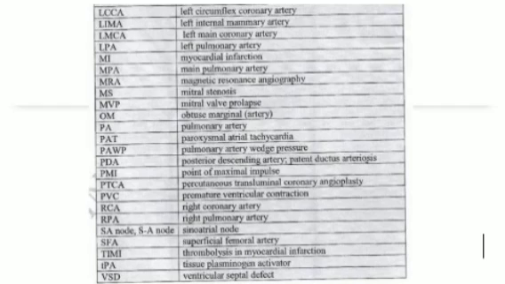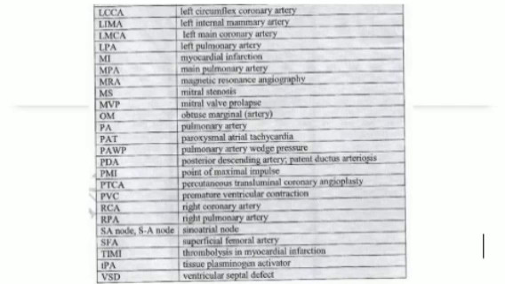MVP, mitral valve prolapse. OM, obtuse marginal artery. PA, pulmonary artery. PAT, paroxysmal atrial tachycardia. PAWP, pulmonary artery wedge pressure. PDA, posterior descending artery, patent ductus arteriosus. PMI, point of maximal impulse. PTCA, percutaneous transluminal coronary angioplasty. PVC, premature ventricular contraction.